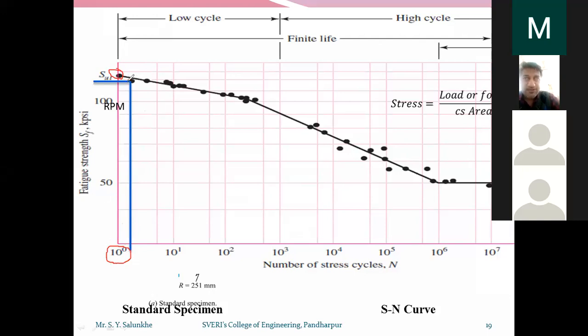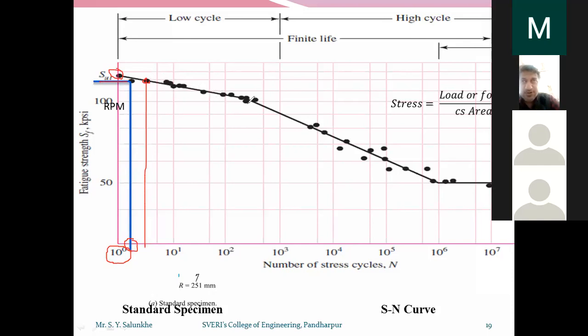Then we reduce the value of stress below the ultimate tensile stress. Then that specimen will sustain some number of cycles, and after that, due to fatigue, it will fail. Again we can reduce the stress, and the specimen will sustain more cycles than the previous one before it fails.